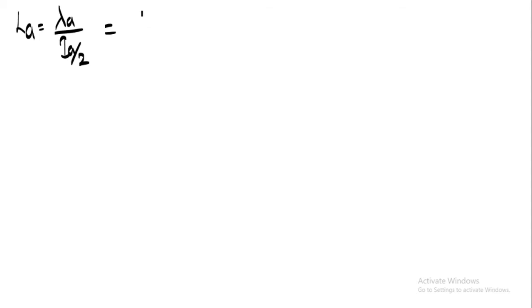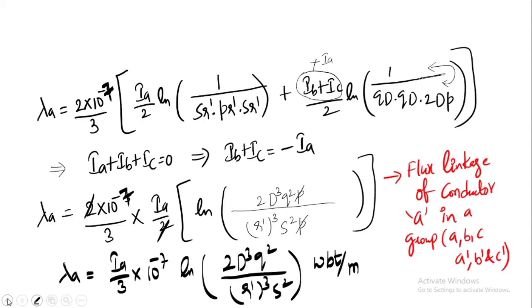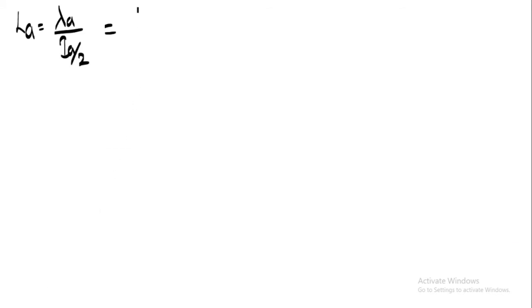Now it is equal to what you have as lambda A, IA by 3 into 10 power minus 7. So IA into 10 power minus 7 by 3 into, when you send this to the numerator, you will get 2 by IA.